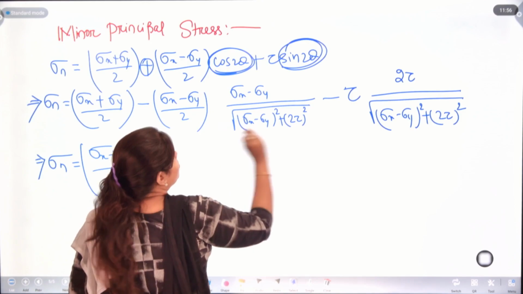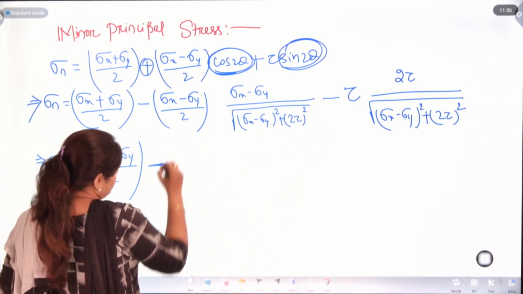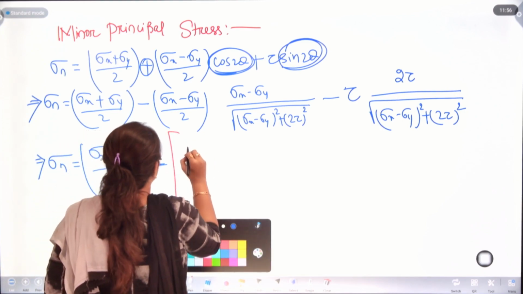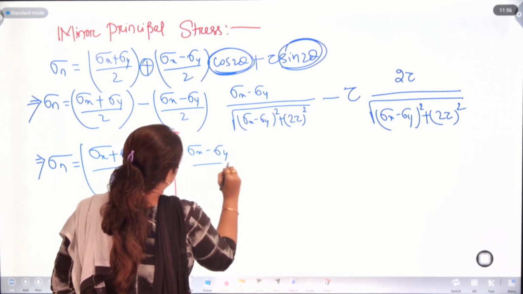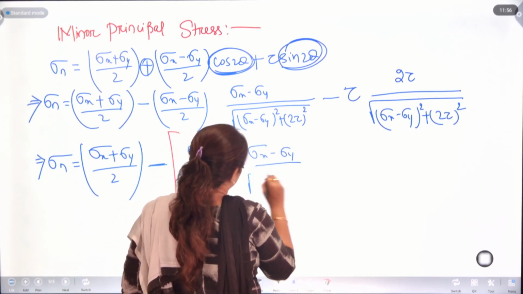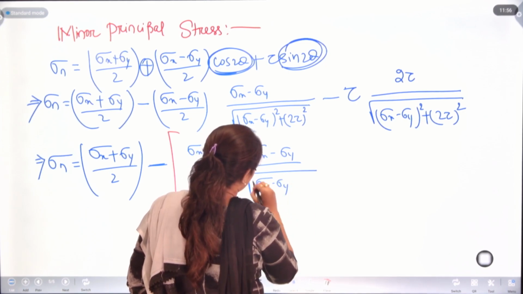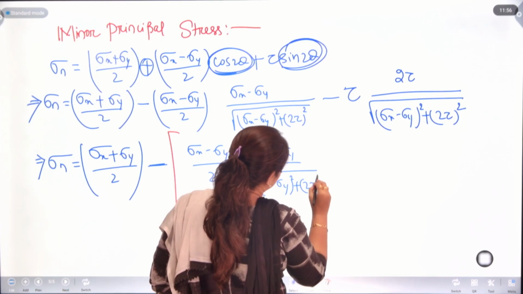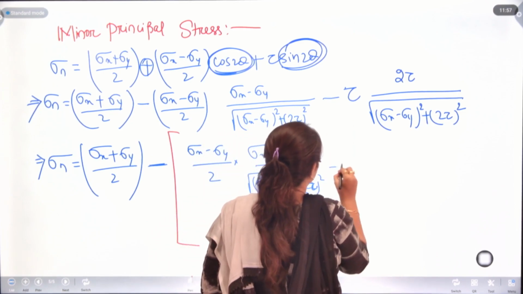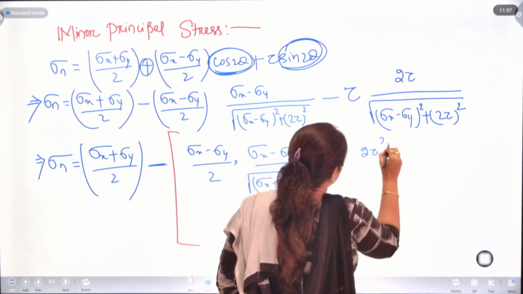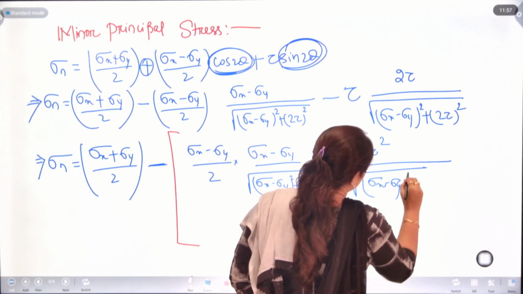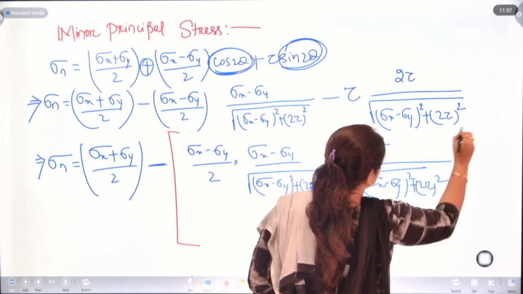If we take the common of this minus here, we will have sigma x minus sigma y upon root over of sigma x minus sigma y square plus 2 tau square, and again here we will have plus 2 tau square upon sigma x minus sigma y whole square plus 2 tau whole square.